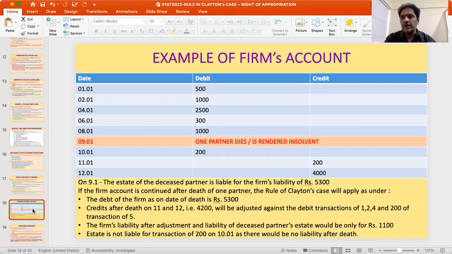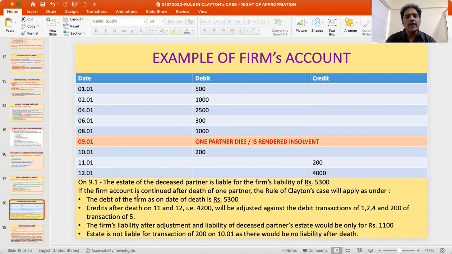So now let us see how this operates, with the same set of transactions that we saw in the previous example. Imagine on 9th January, one of the partners dies or is rendered insolvent, or a joint account holder dies or becomes insolvent. On 9th January, what is the total due of the firm for which the estate of the deceased partner is also liable? It is 5,300 rupees, taking a total of all these transactions.